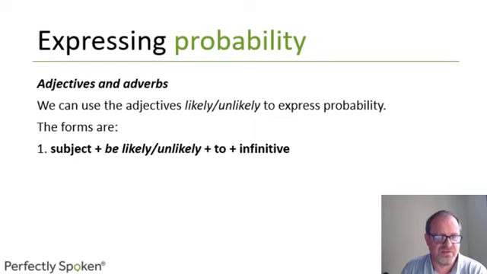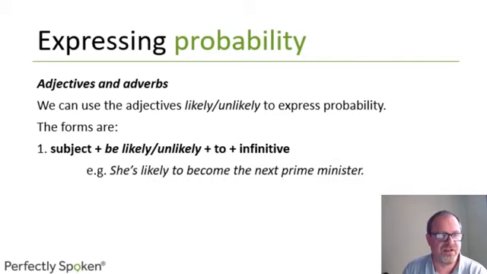It's an adjective after all, so the verb to be, likely, unlikely, plus to plus infinitive. As an example, she is, she's, the verb to be, likely to become, to, and then the infinitive, become the next Prime Minister. She's likely to become the next Prime Minister.